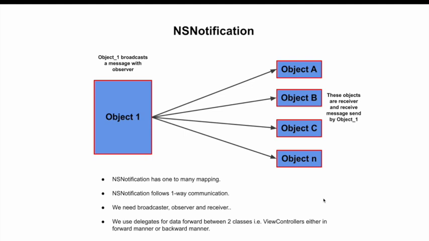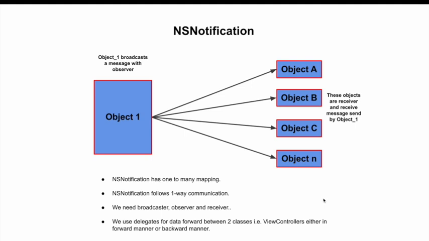They are receiving the message, but they are not sending anything back to object 1. In a delegate, object A was sending a message and B was responding to A. But here only one object is broadcasting a message and it is received by other objects. So this is the NSNotification situation.